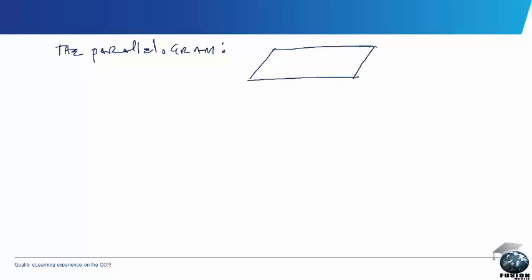This is our parallelogram. Opposite sides are equal. This side is equal to this, so you can say B and B, and then A and A. The parallelogram has the labels A and B.